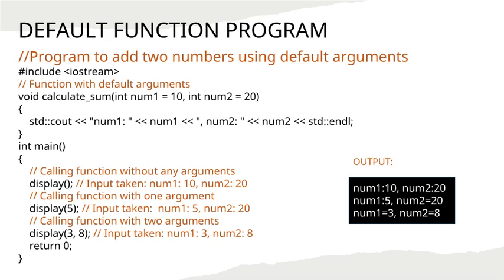If one argument is provided, only that specific parameter is updated while the other retains its default value. By calling the function with both arguments, you override all defaults. This feature enhances code flexibility and readability, making it easier to manage and understand.